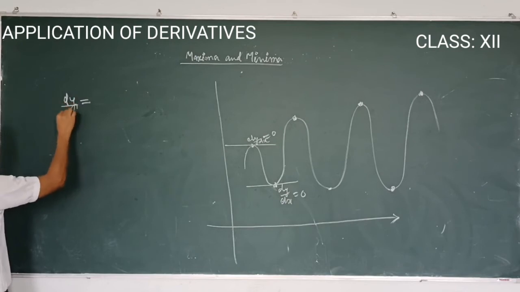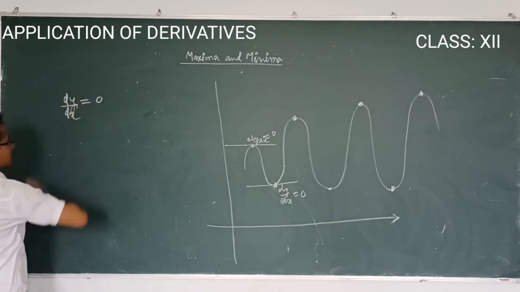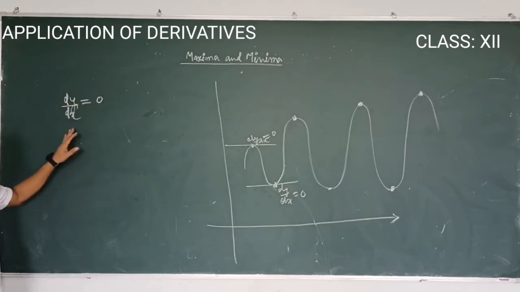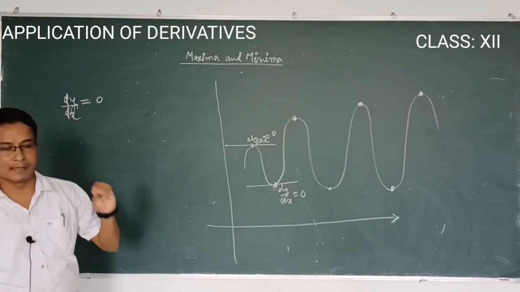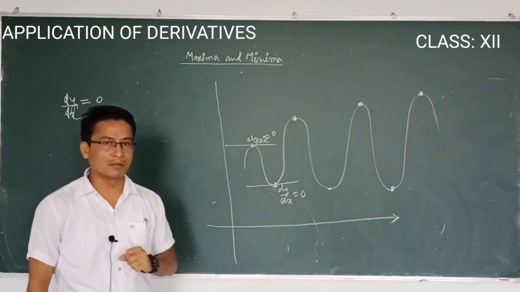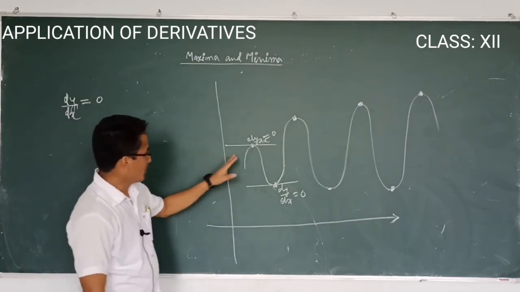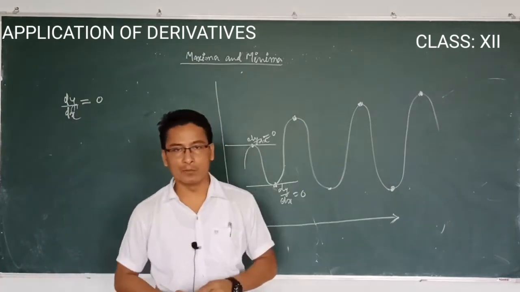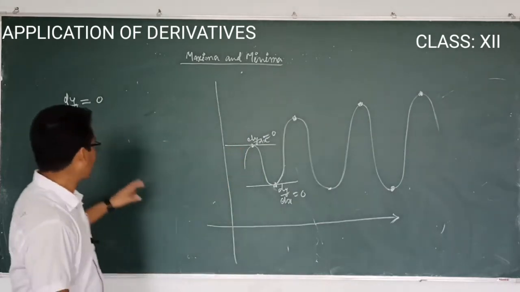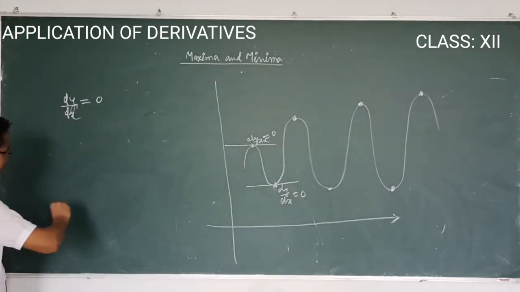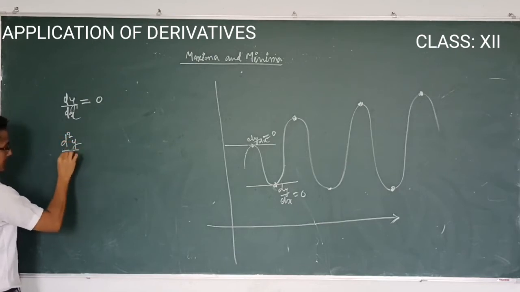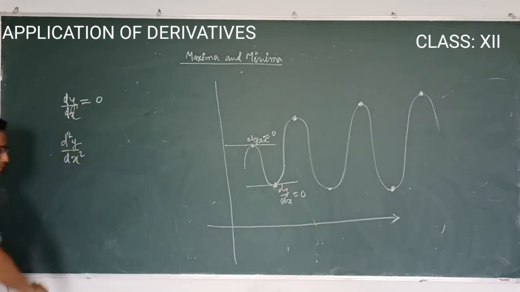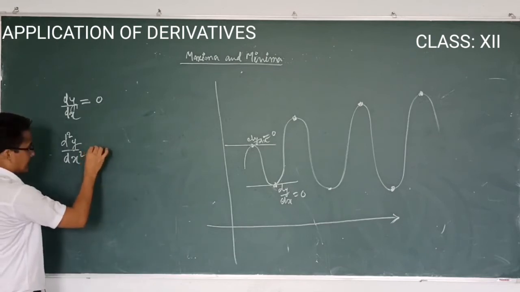This function has some curve, and we get dy by dx equal to 0. From this relation we will get some point, but we do not understand whether the point is a maximum or minimum point. To understand that, we go for the second derivative test.